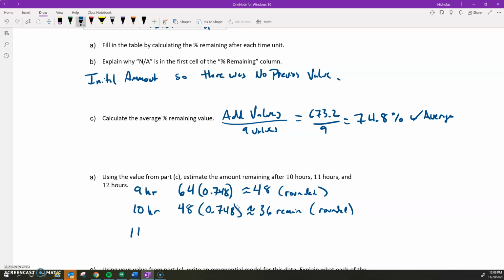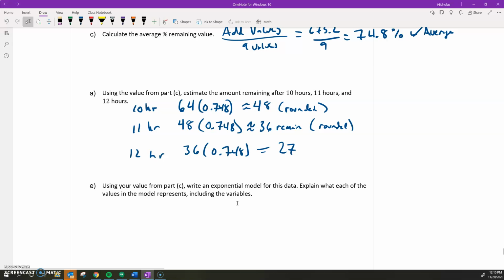And our 11. Oh, sorry. So this would be our 10. This would be our 11. Then we'll do this one more time for our 12. And that would be 36 times 0.748, which gives us 26.9, which we'll say 27. Okay.